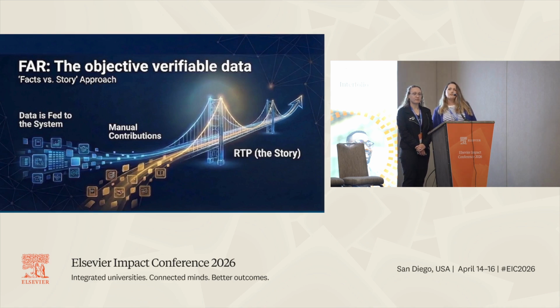The faculty can use their RTP to fill in the gaps of their narrative. We already have a lot of their facts, so they're just building on it. It's going to reduce the burden of manually re-entering their achievements.